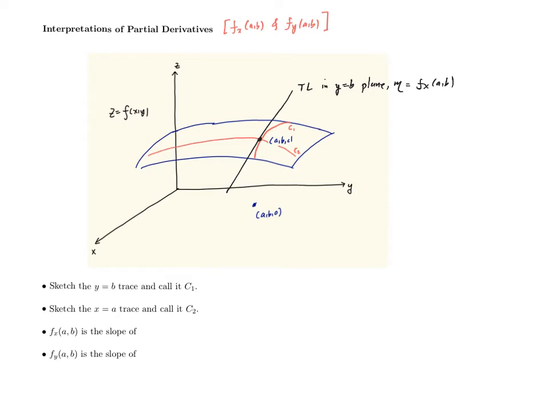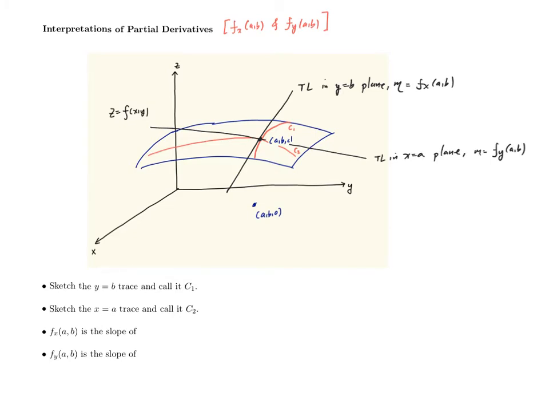Similarly, the curve C2 in that x equals a plane has a tangent line at that point a, b, c. And the tangent line in the x equals a plane has slope given now by the partial with respect to y at a comma b.